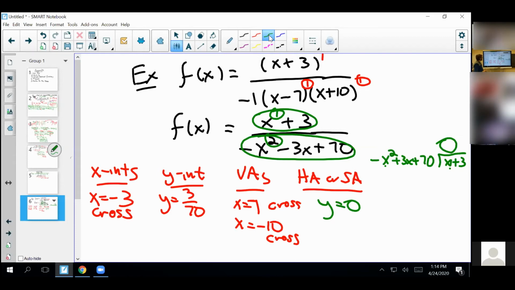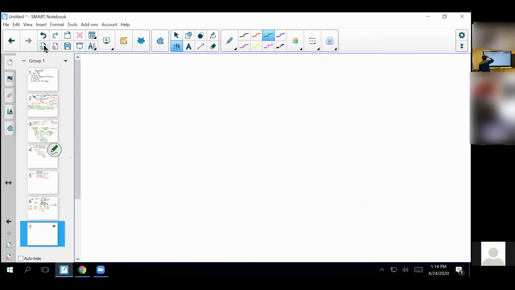Let me go ahead and do a new page here. Let me set up some big axes. So what do we have? It goes up to 3. Look here: -10, 7.